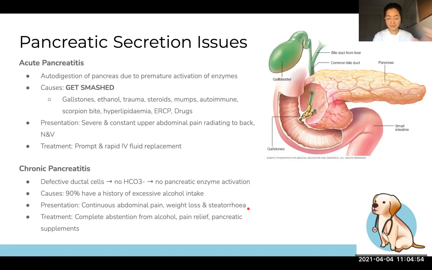Steatorrhea is mostly due to the lack of pancreatic lipase working, so you're unable to digest the fats and you'll have a lot of fats in your stools. For treatment, don't drink any more alcohol, considering like 90% of people with pancreatitis are excessively drinking alcohol. Give them pain relief and also some pancreatic supplements, given that their pancreatic enzymes do not work.